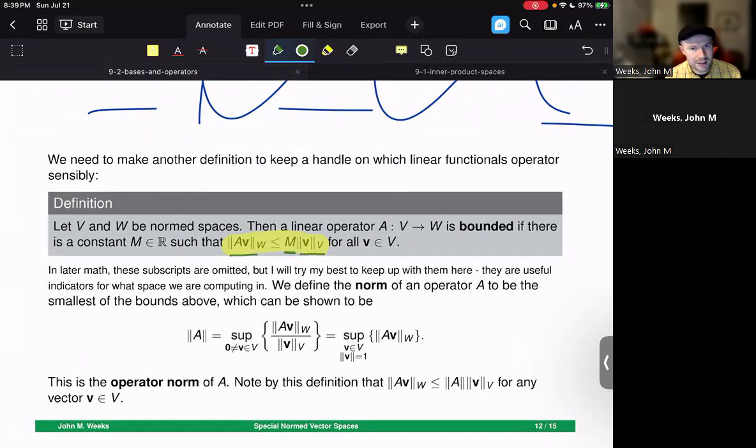This should look a little similar to Lipschitz continuity. It really should. This should feel a little bit like Lipschitz. You have a linear operator going from one vector space to another being bounded whenever there is some sort of constant that bounds the norms of y values by the norms of x values times that constant.